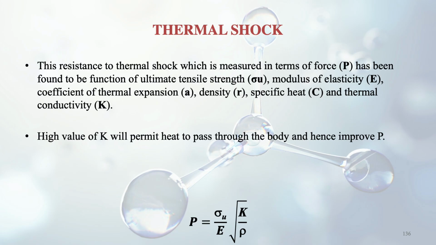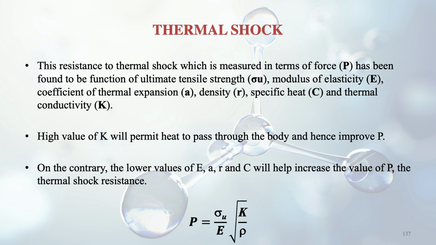You can see from this expression that if K is high, then our resistance to thermal shock will be better, because it will permit heat to pass through. If thermal conductivity is good, then heat can pass through easily. On the contrary, if capital E is more or rho, the density, is more, then the resistance will come down.